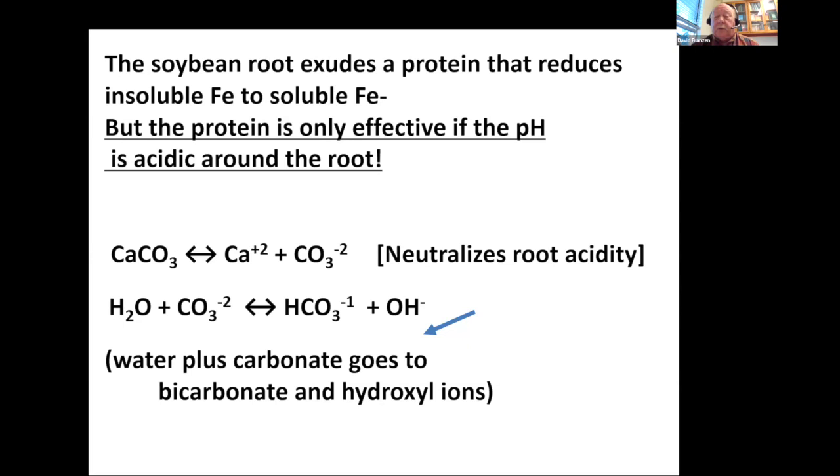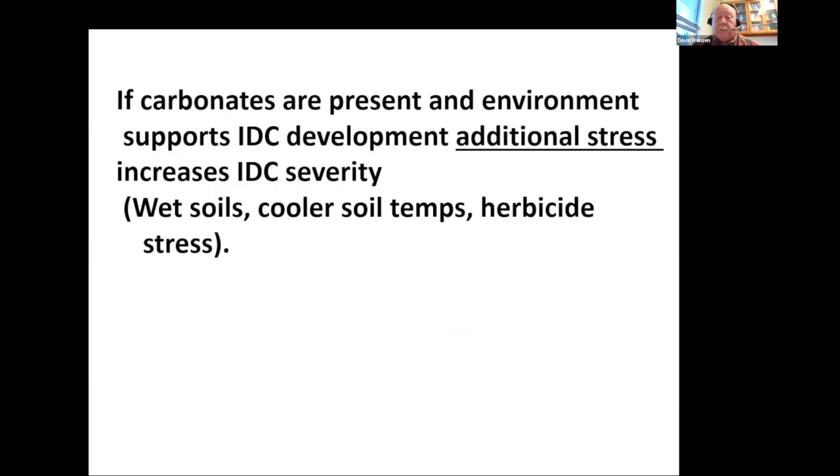And that's what neutralizes the acidity around the roots. And the more carbonate and bicarbonate there is, the harder time the soybean has to make sure that protein works. And at some point, it just gets overwhelmed with too much carbonate or other stresses in the plant.